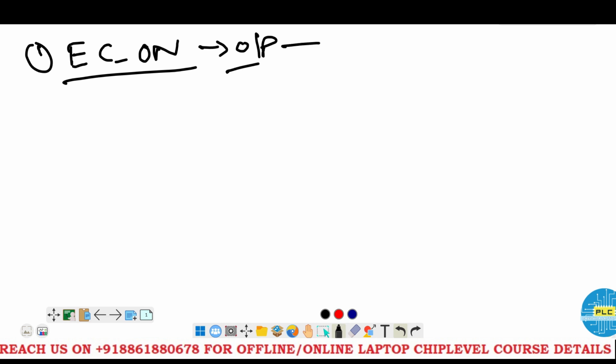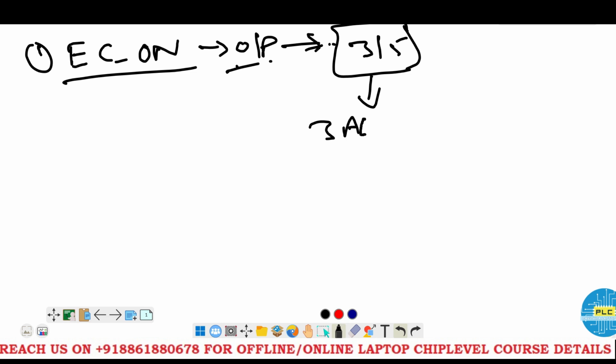This is output from the IO, and input to where? The 3 5 section. So it released the 3 5 section enable, and then by this enable signal we got 3 volts always and 5 volts always.